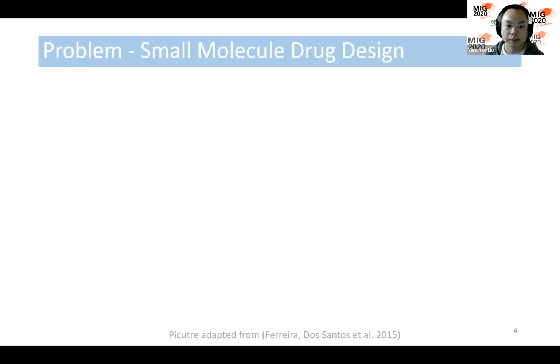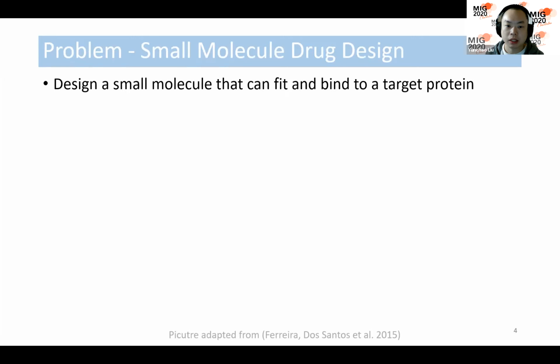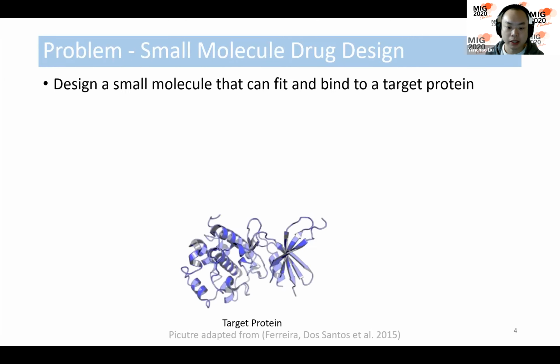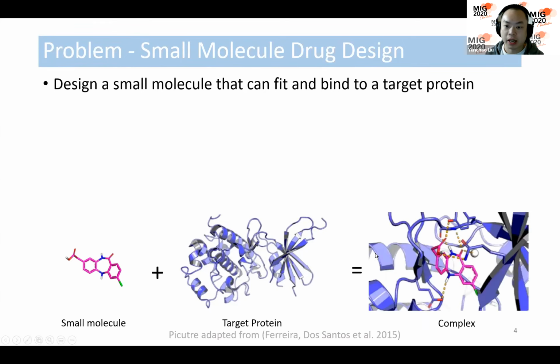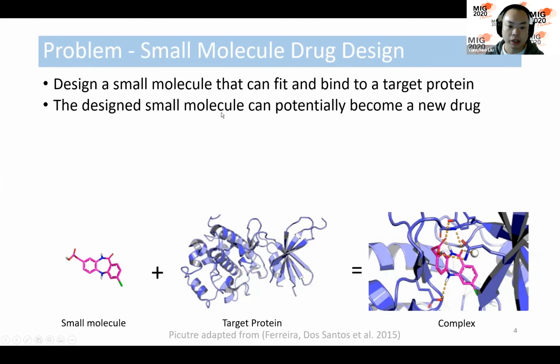Now let's look at the problem, small molecule drug design. In this problem, the player is presented with a target protein, and they are going to design a small molecule that can fit and bind to the target protein. Again, the small molecule can potentially become a new drug.